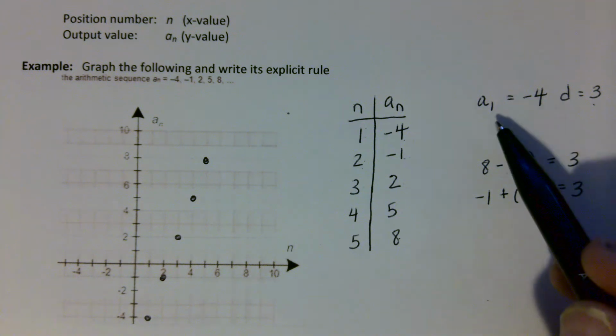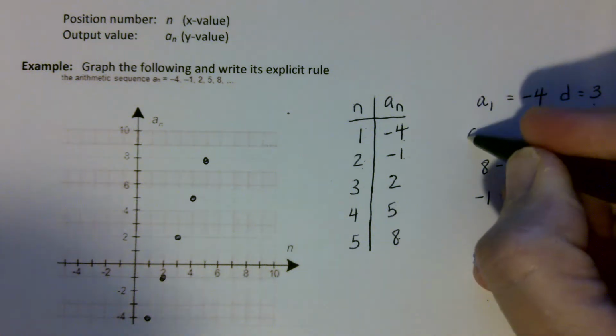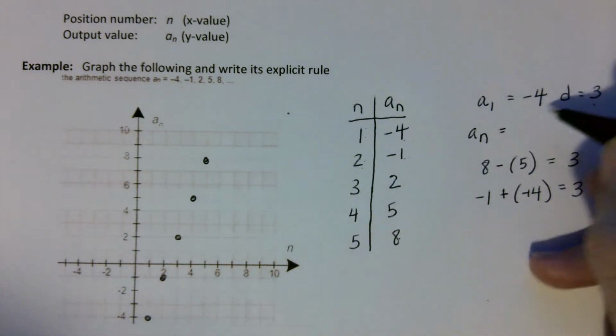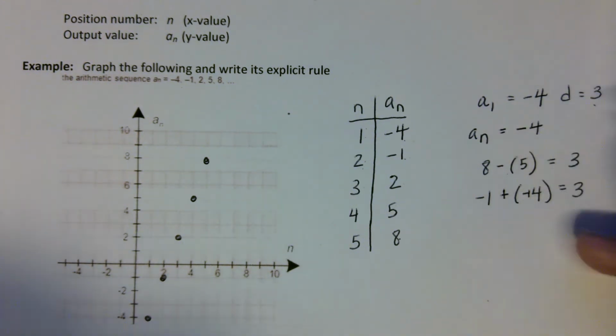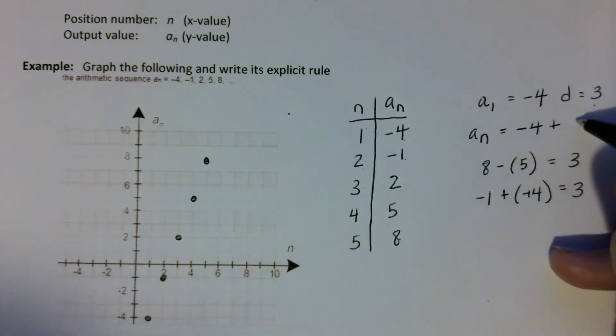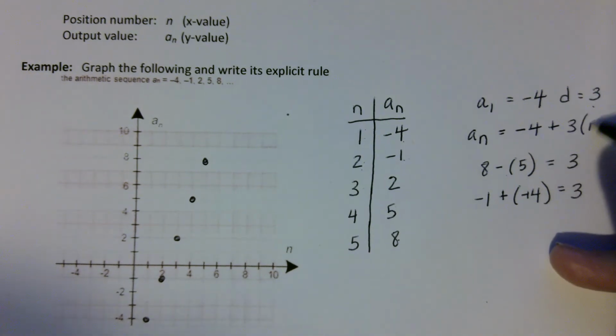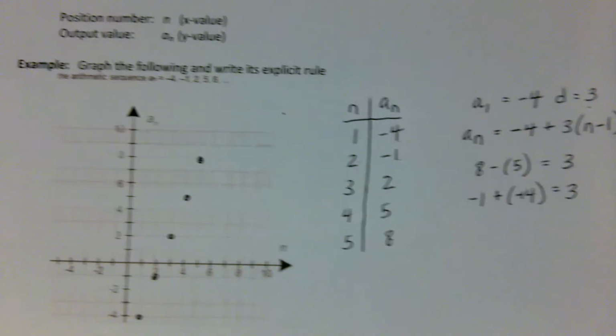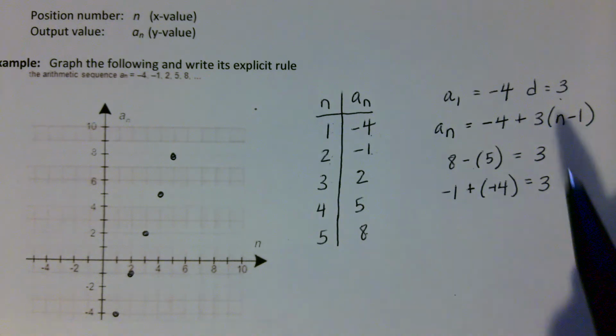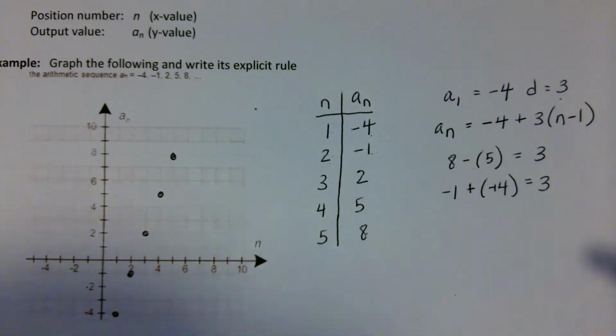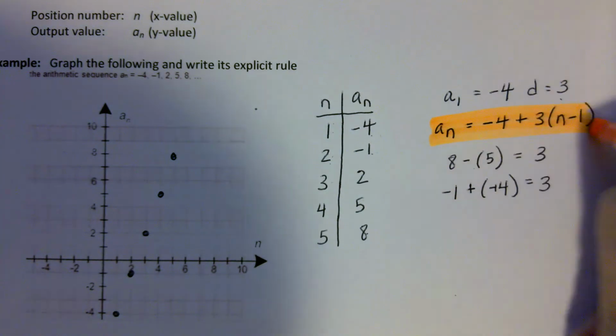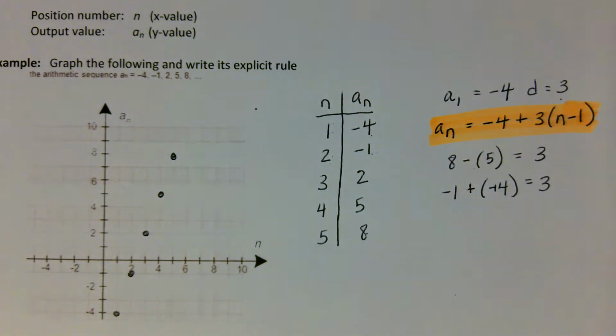I write my equation. It's a sub n equals my first term, -4, plus my common difference times n minus 1. Now, a great way to check that the equation you wrote is correct is to put that in your calculator.